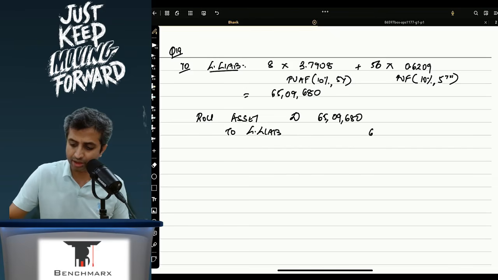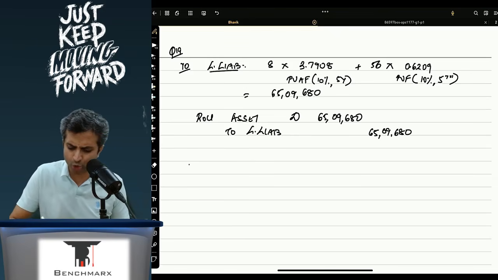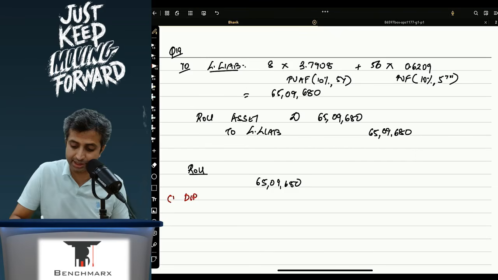Now the question tells you what will be shown at the end of year 1 in your cash flow, balance sheet as well as P&L. So I'll not pass the journal entries. If I were to see what is going to happen with the ROU asset, it will start at 65 lakh 9,680. Now in line with the institute treatment, you want to depreciate it on a straight line basis over 5 years.